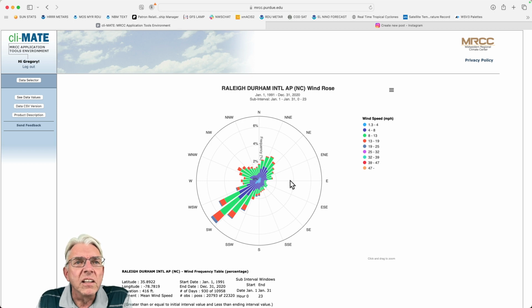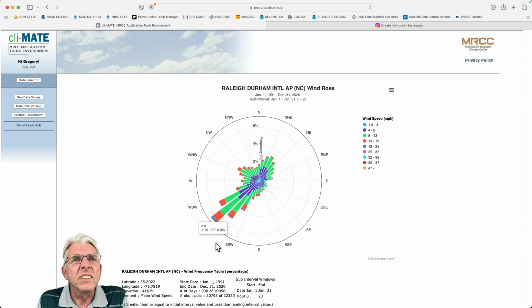But the length of these lines, like a radial, I guess, is the best way to put it, indicates the percentage of time that it's actually occurring. Each one of these circles here, that's 2%, 4%, and I believe that's 6%.